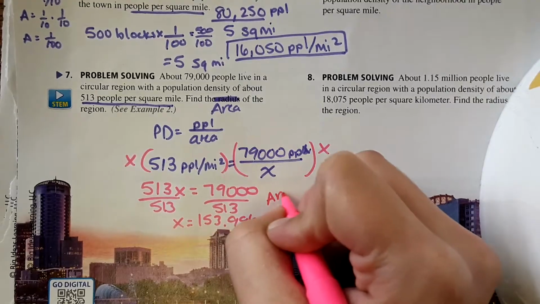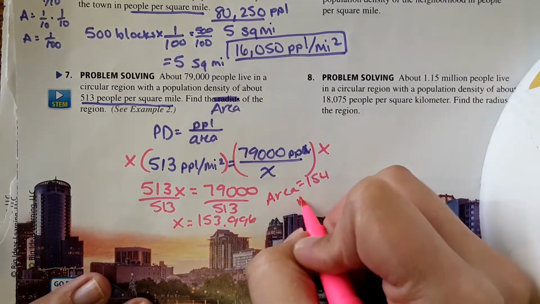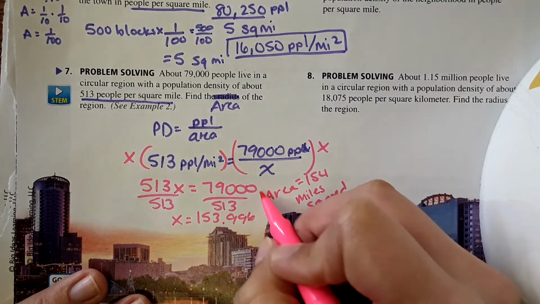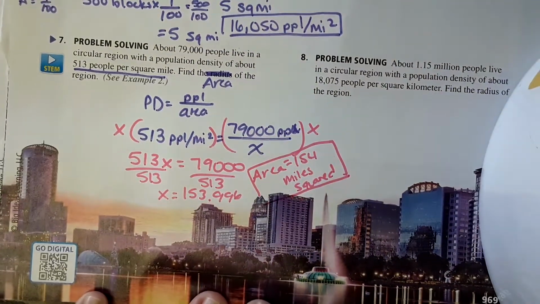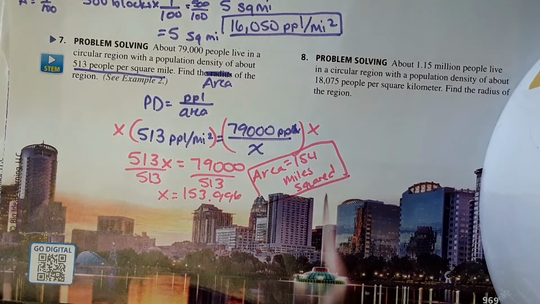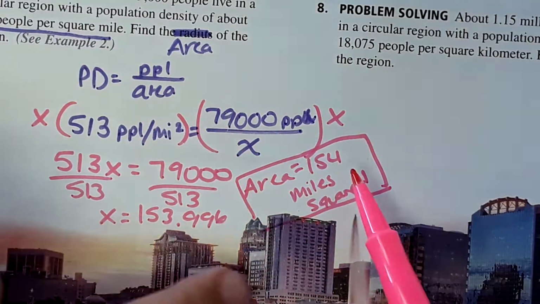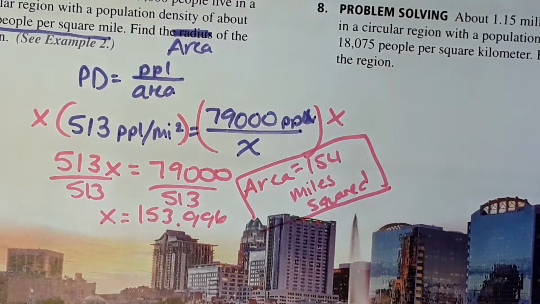So the area is 154 miles squared. And then, of course, if this was FSA or something and they did want you to find the radius, you would just set this area equal to the formula for a circle, and you could work backwards to find radius.